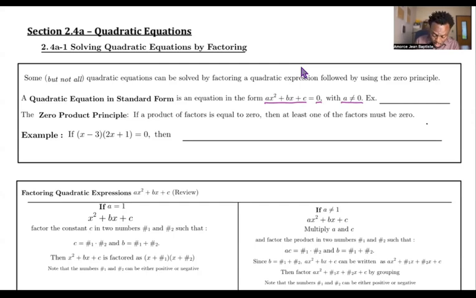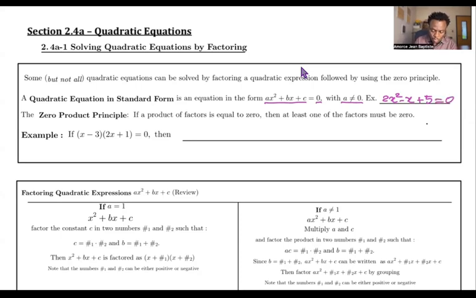For example, 2x squared minus x plus 5 equals 0 is a quadratic equation in standard form. And if you don't have the equals 0, you only have a quadratic expression.